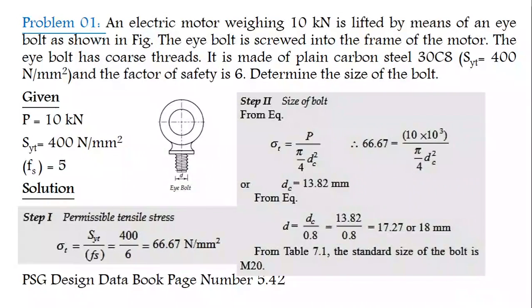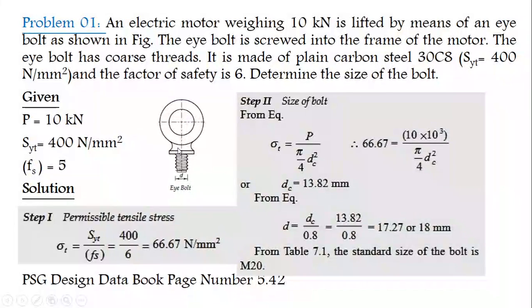The threaded portion is screwed inside the threaded hole on the top surface of the machine to be lifted. A crane hook or chain is inserted in the circular ring. This circular ring is called an eye.